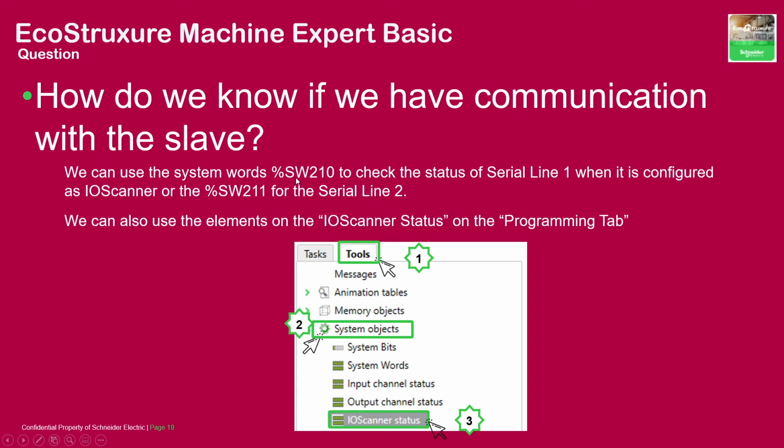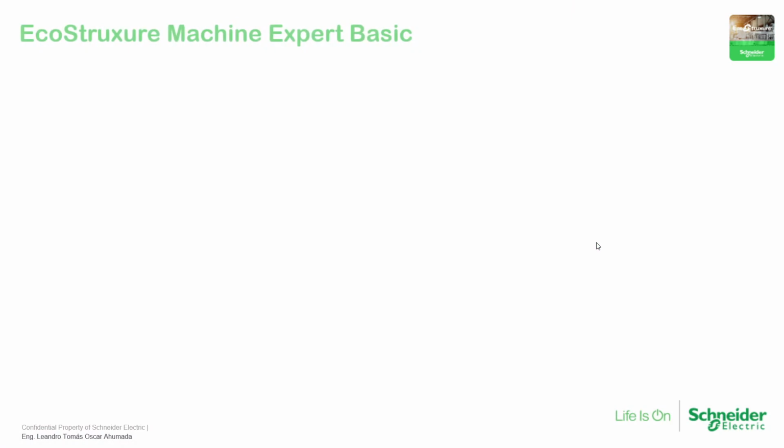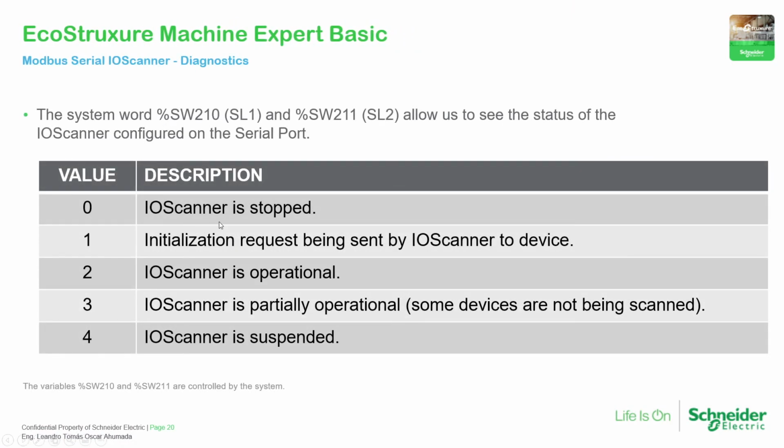And we also have these system words, the SW210 and SW211, that allow us to see the status of the serial line. If everything is good, the status of those variables will be 2. Otherwise, probably we have a problem.